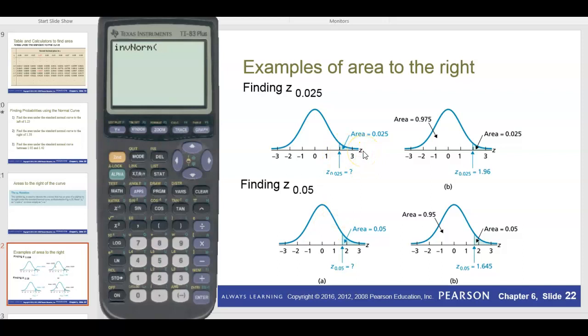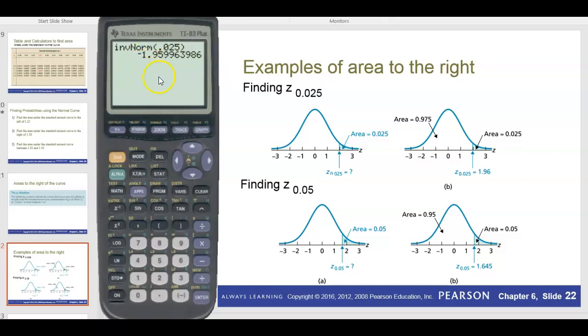It's always going to be to the right. So the area to the right of a z-score is 0.025. I'm going to close those parentheses, and that is a z-score of 1.96. It must be to the left on your calculator though.